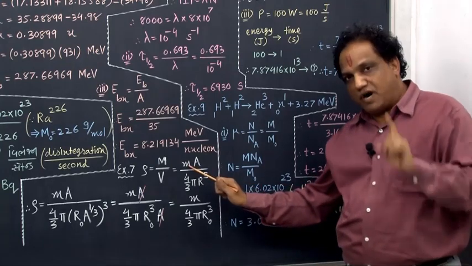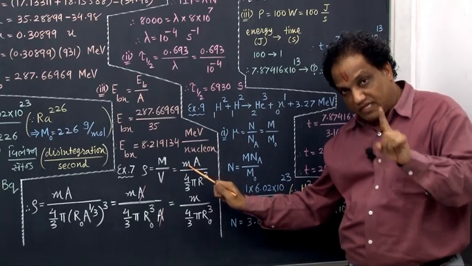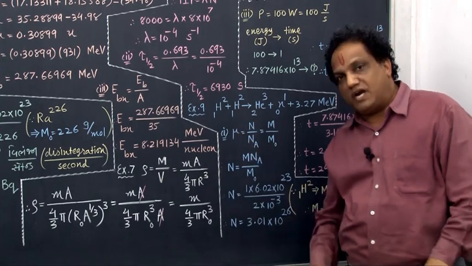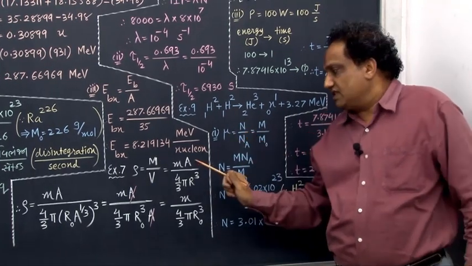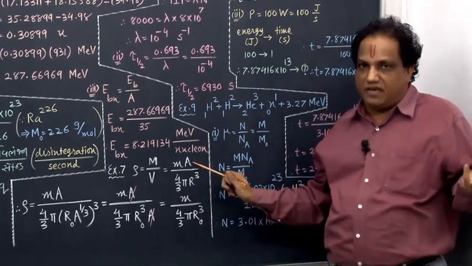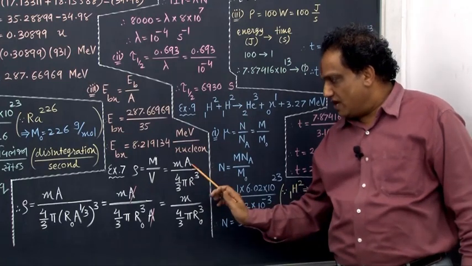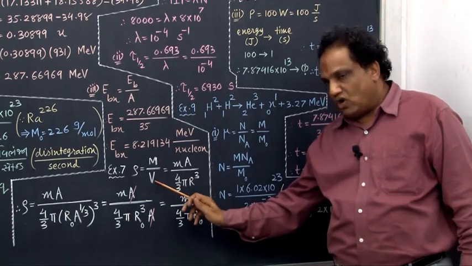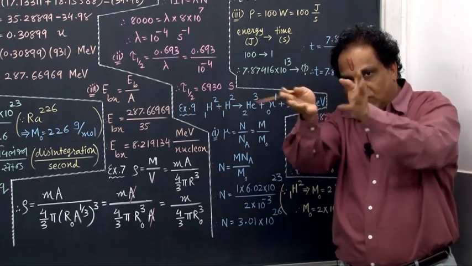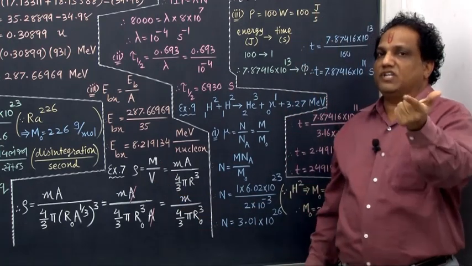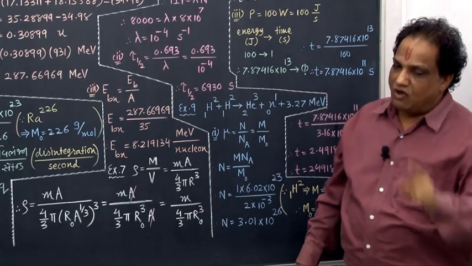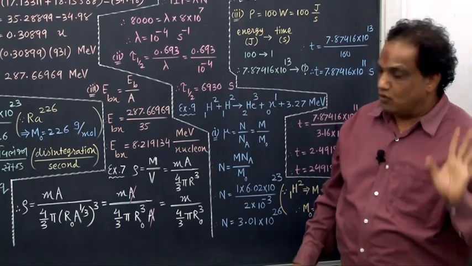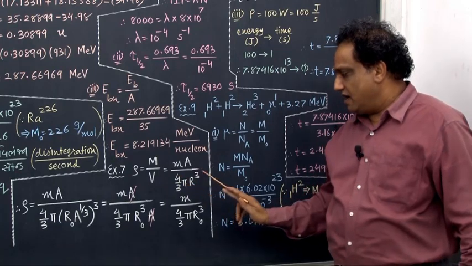Average mass per nucleon, say small m, multiplied by the total number of nucleons, the atomic mass number capital A. This product m into A gives the total mass of one nucleus. For volume, we assume the nucleus to be spherical, and the volume of a sphere is 4 upon 3 pi r cube.